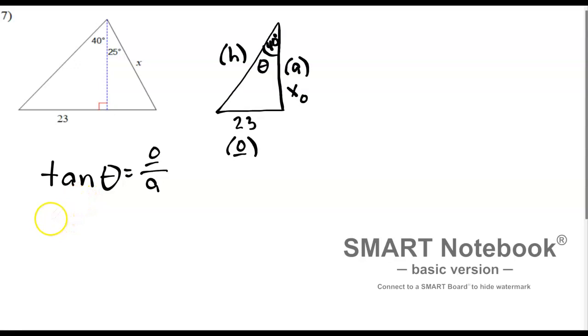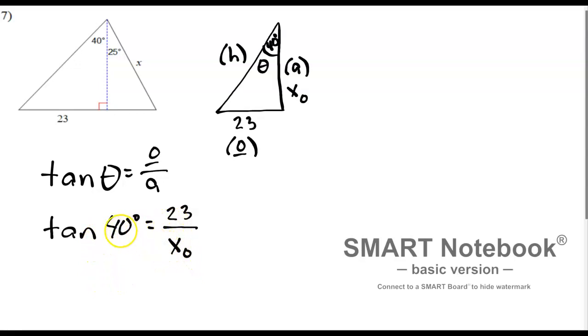If I plug in, I've got tan 40 degrees is, opposite is 23, and adjacent is x naught. Again, double check your calculators are in degree mode. It's not x, this is x, but this is the intermediate value x naught. We'll solve for him.